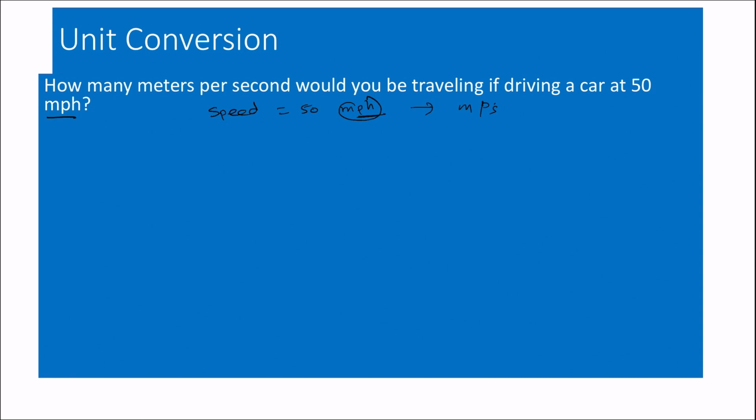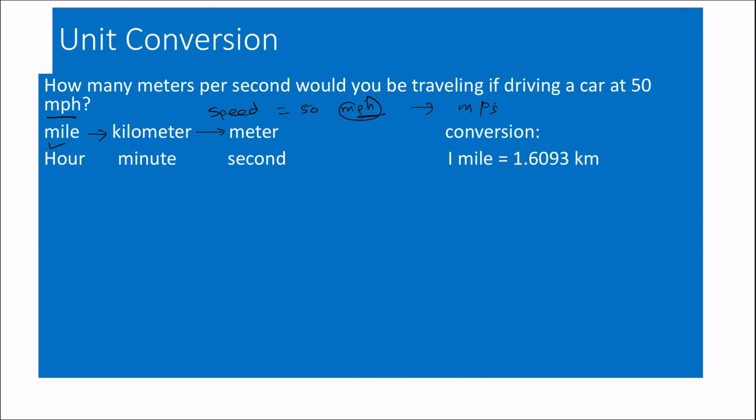So how to do that? First, miles are converted into kilometers, then you have to convert into meters. What is the conversion factor? Here 1 mile is equal to 1.6093 kilometers.